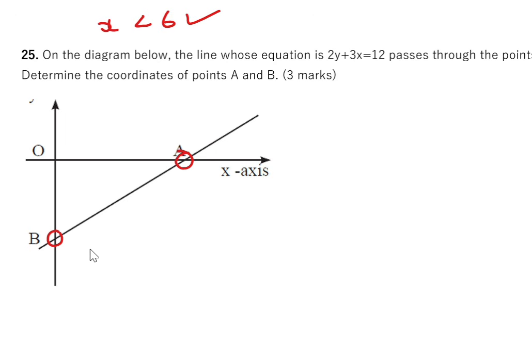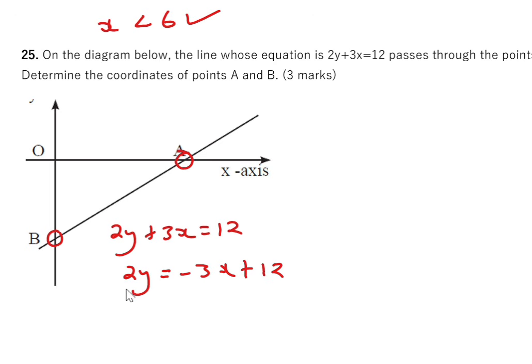So this is our equation: 2y plus 3x equals 12. I can simplify, take positive 3x to the right. So 2y equals negative 3x plus 12. So you can divide by 2 here.